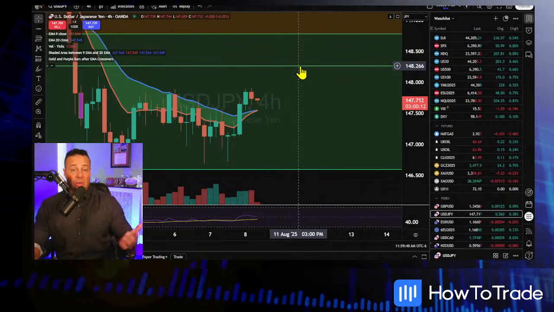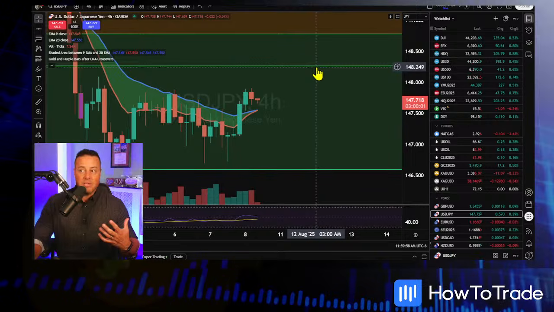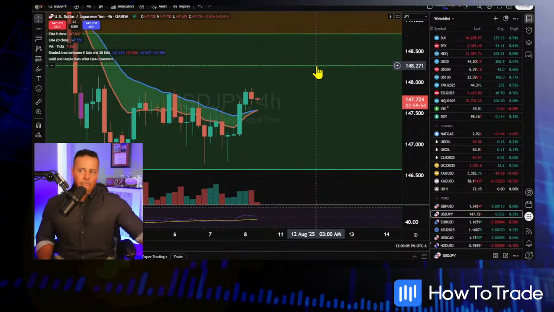So that's 50 pips, which is fine. There's a couple things you can do. You could either just risk 50 to win 50. You could go beneath your trigger bar there and make that your stop loss and try to get a runner up there somewhere right around maybe 148.19, something like that. You could try to do that. There's not much room there until we get to that resistance, though.